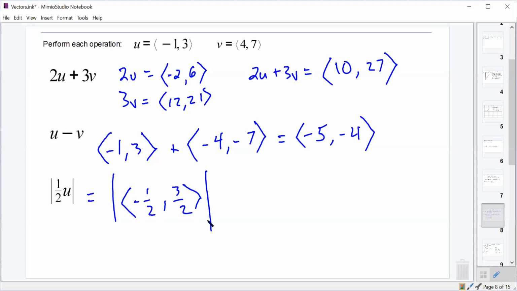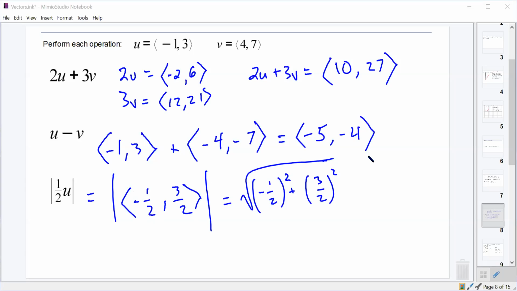All we need to do is the square root of the x component squared plus the y component squared. So this should be the square root of -1/2 squared plus 3/2 squared. Yep, distance formula. That's right, Darius.